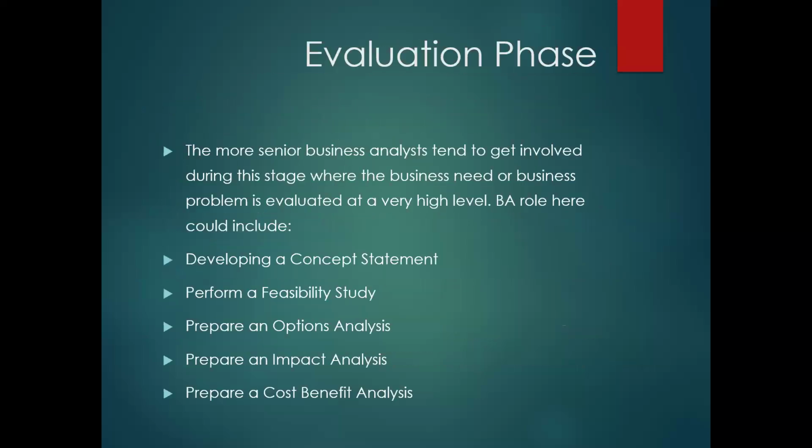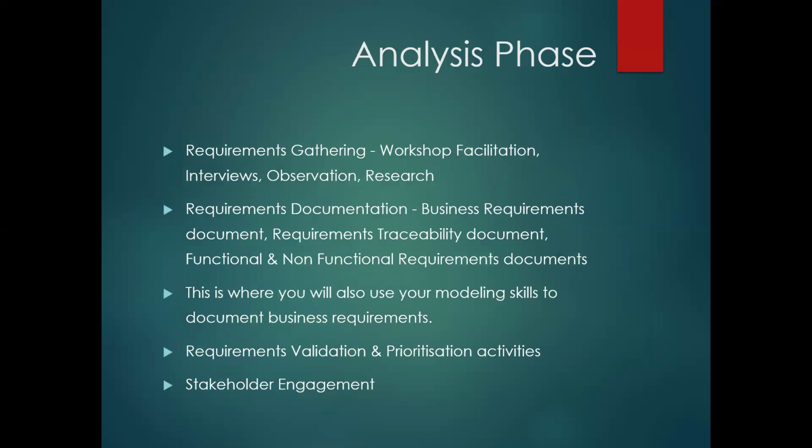And you can see here, these are the four different phases where the BA will be involved in the RUP process. In the evaluation phase and in the analysis phase, he will be involved with the clients to conduct requirements gathering and prepare the requirements documentation.